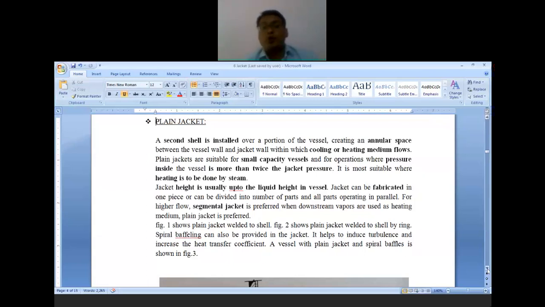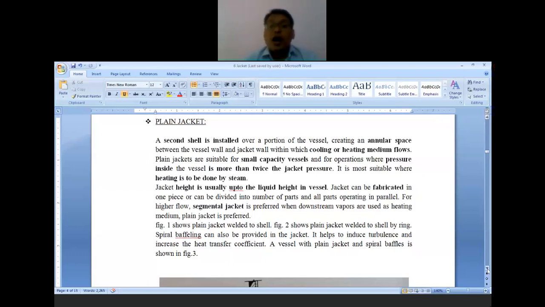Then the jacket height is usually up to the liquid height in the vessel. That means L by D, the vessel length to vessel diameter, is generally L equal to D. That means only up to the diameter of the vessel height, the liquid height, we are maintaining.